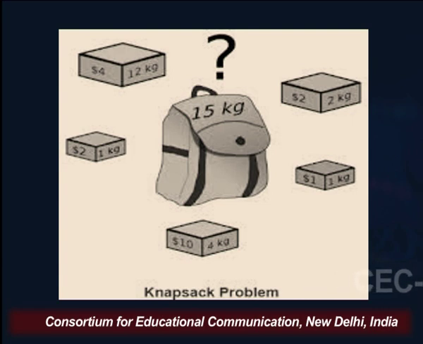Then there is an item with value $1 and weight 1 kg. Then we have an item of weight 4 kg but value $10. Similarly, one item of 1 kg with value $2, and one of 12 kg with value $4.